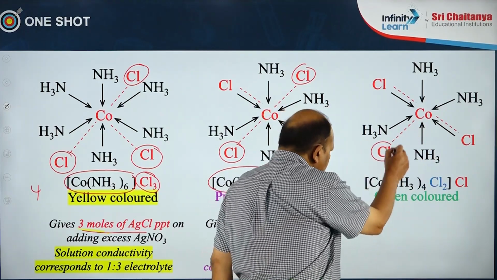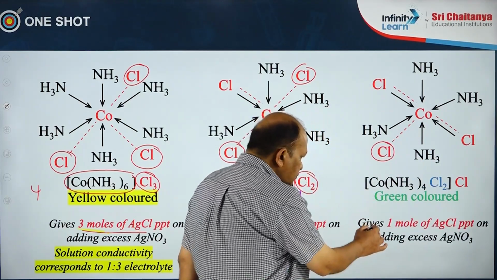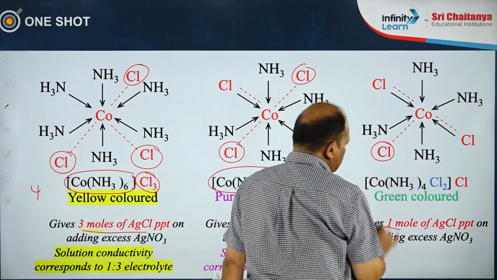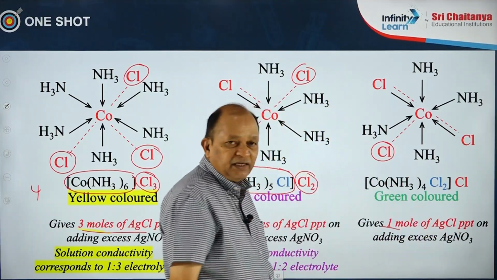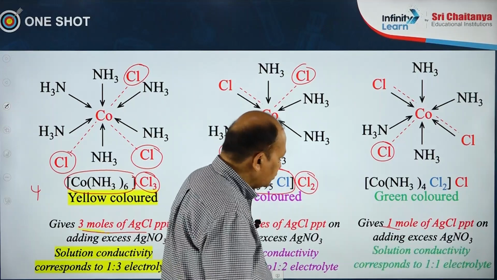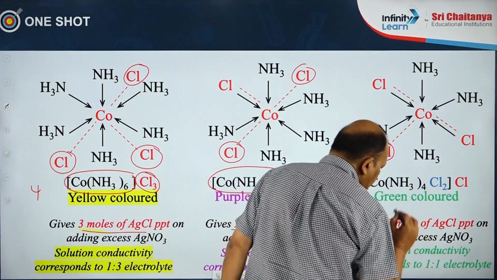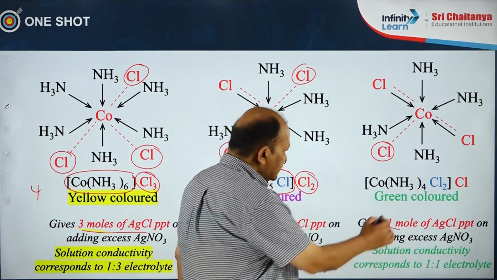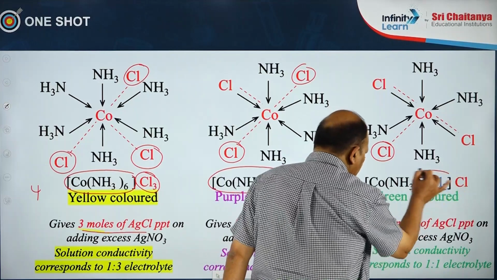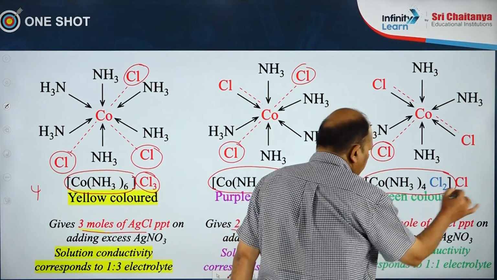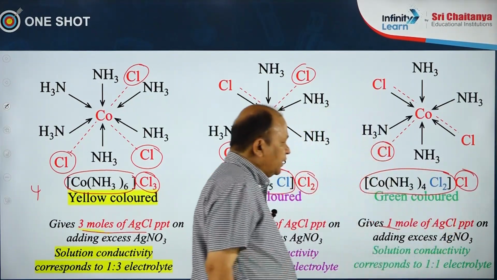This is ionizable. Therefore, it gives only 1 mole of AgCl precipitate when you add excess AgNO3, and the solution conductivity corresponds to a 1:1 electrolyte, because when this complex is dissolved in water we get two ions, one a complex ion, the other a chloride ion.